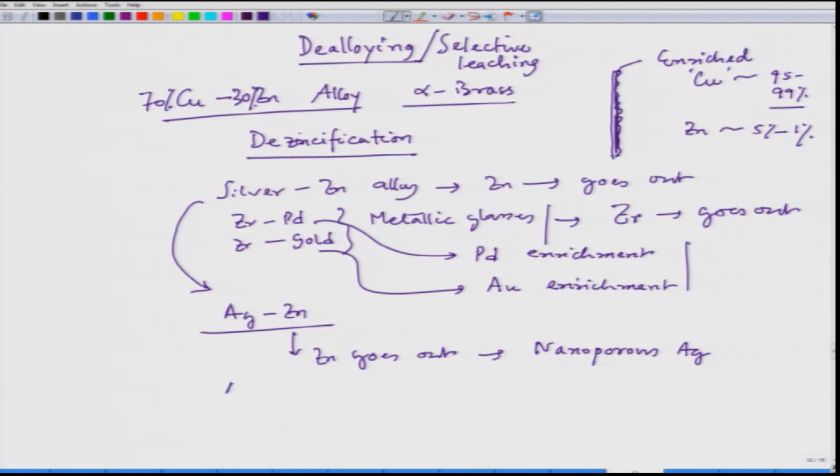Or for example, Au silver, Ag goes out in the solution and it leaves nanoporous Au. So, these things can be used as a very good catalyst. So, this is a positive sense in which we can make use of dealloying or selective leaching. This is another form of corrosion.